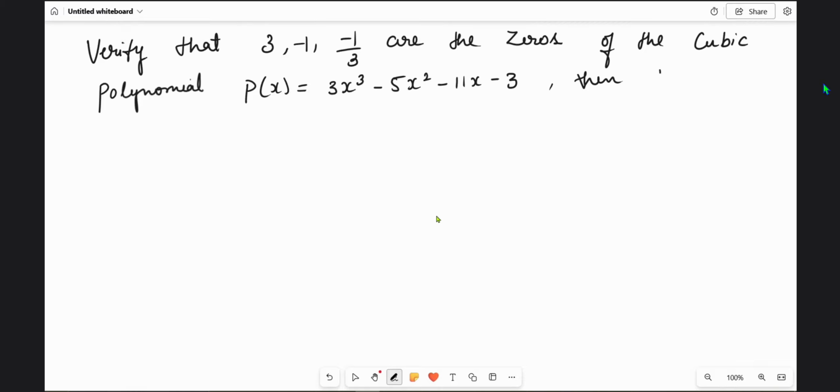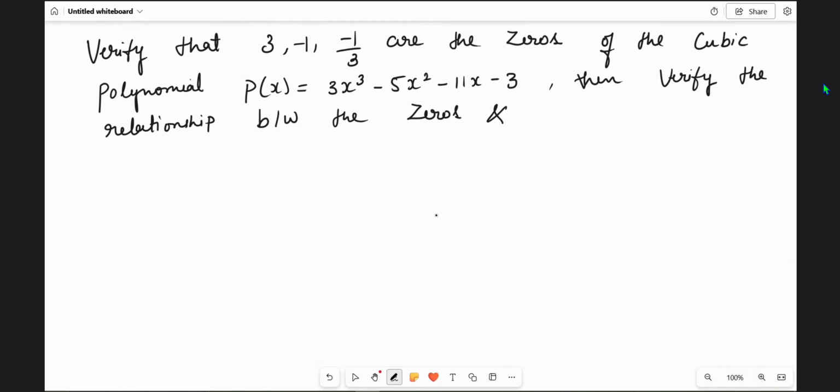Then verify the relationship between the zeros and the coefficients. So you have to verify whether 3, minus 1, minus 1 by 3 are zeros of the cubic polynomial or not.